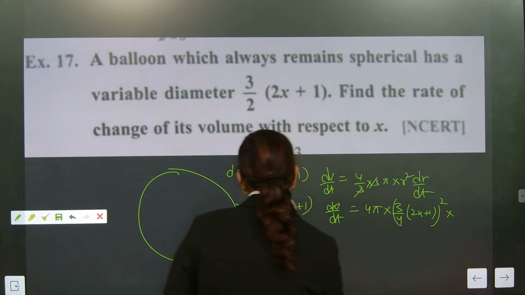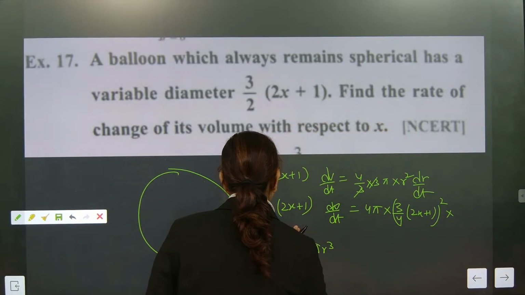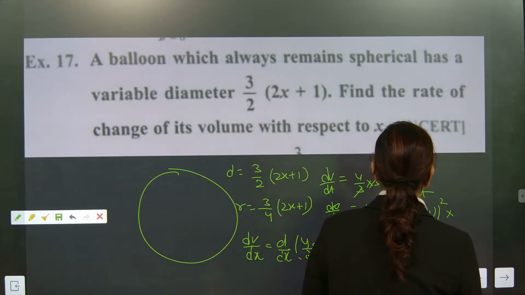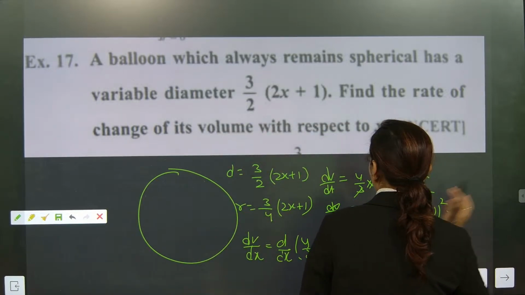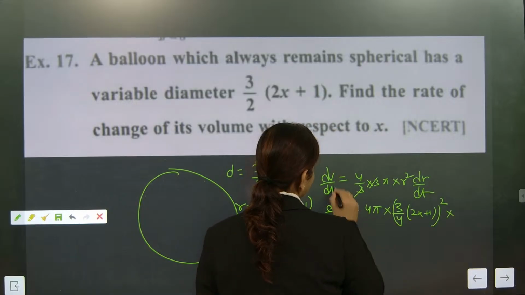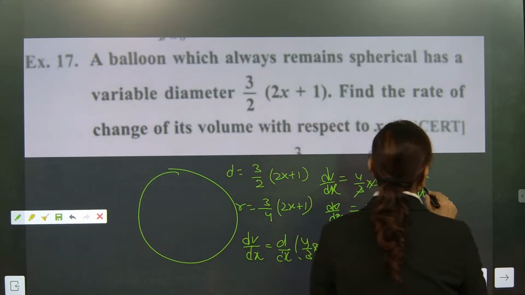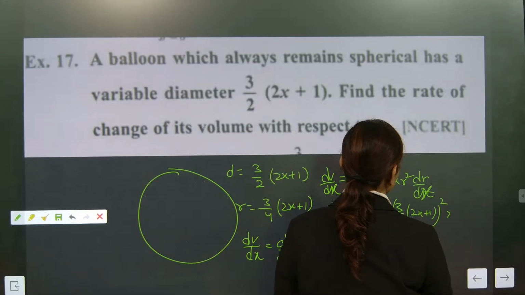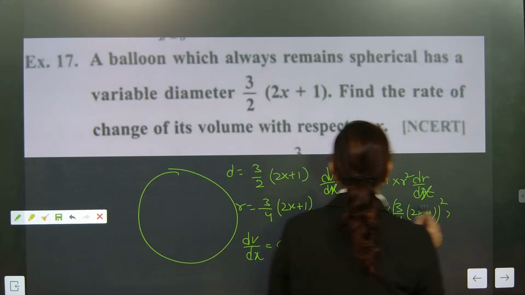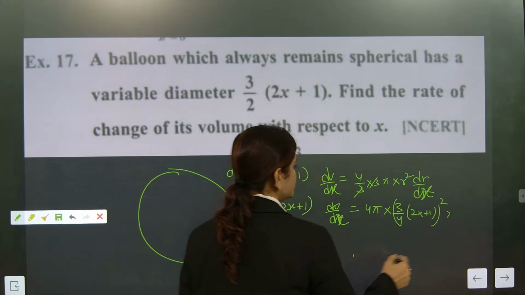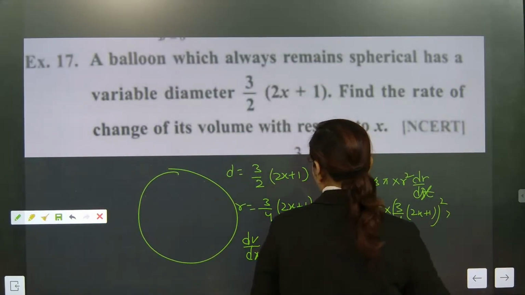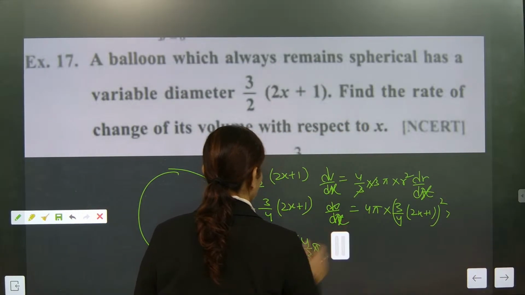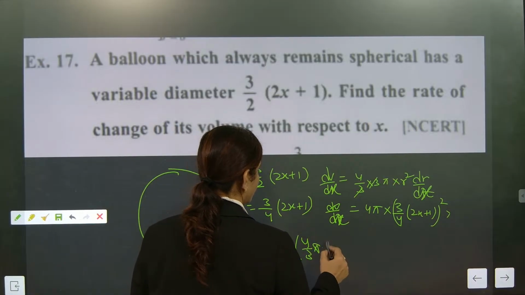With respect to x, the radius will be differentiated with respect to x. So here 3 by 4 is there, dV by dx, and here dr by dx. This will go for differentiation, dr by dt. Because the x part means radius, I have to substitute, otherwise it will create a problem.